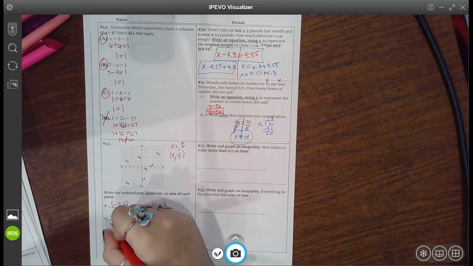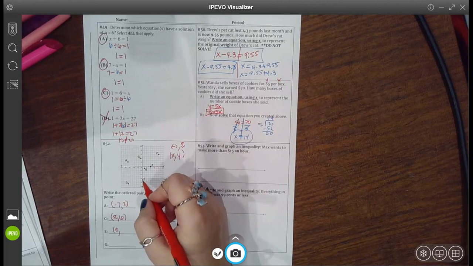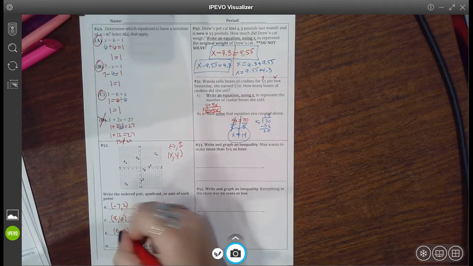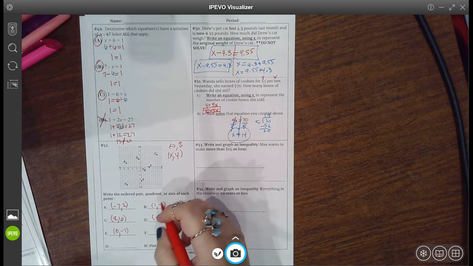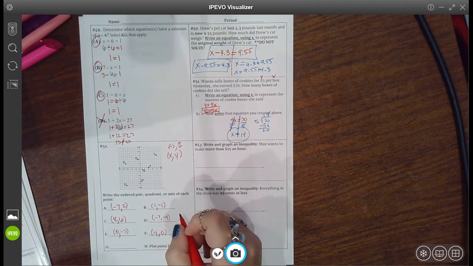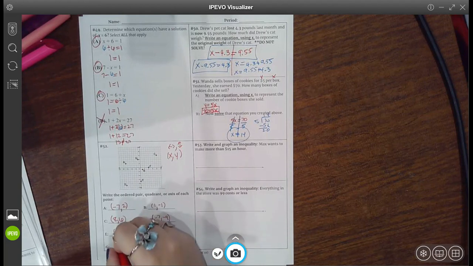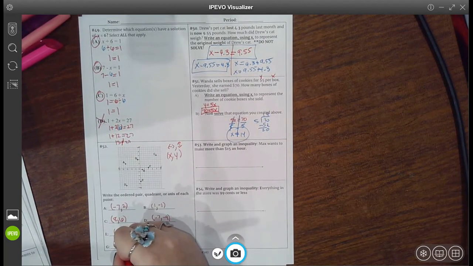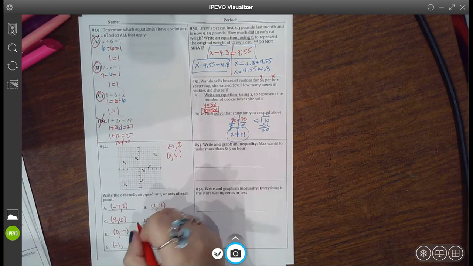E goes over nothing and down 7. And F goes to the right 4, up nothing. G goes to the left 1 and up 4.